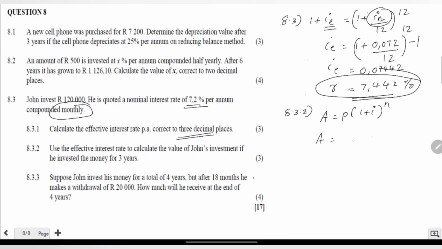So the final amount is equal to, what is the initial amount? 120,000. 1 plus i, this one divided by 100, so it's going to be 0.07442 to the power 3. You will get the answer. When you do this one, it's going to be 148,834.46 rand is the answer.